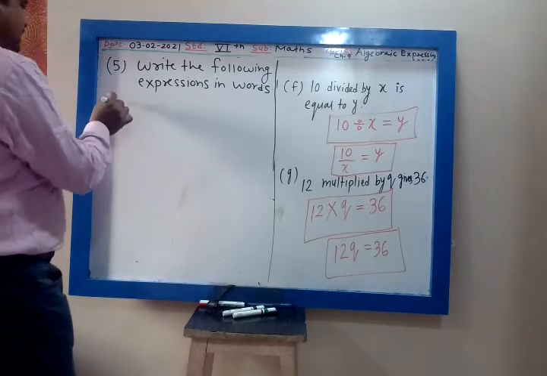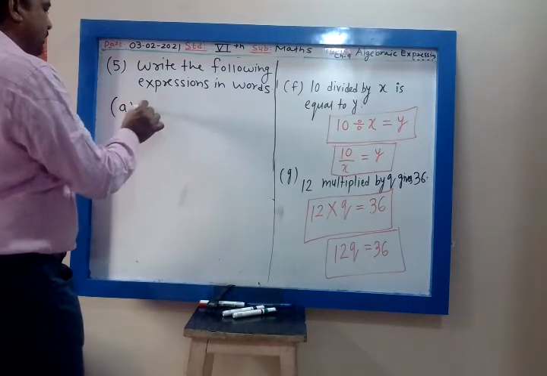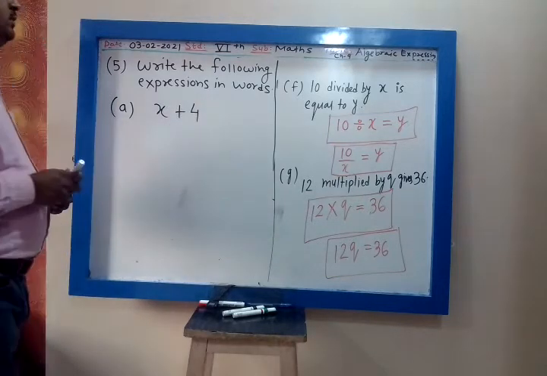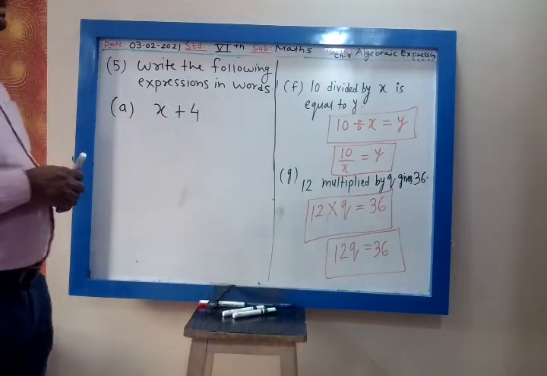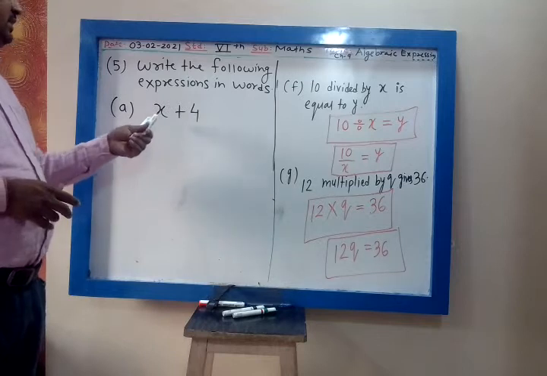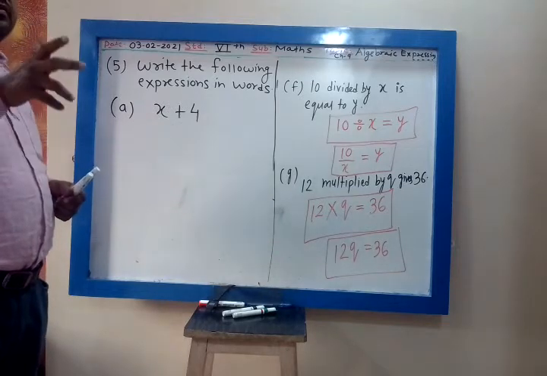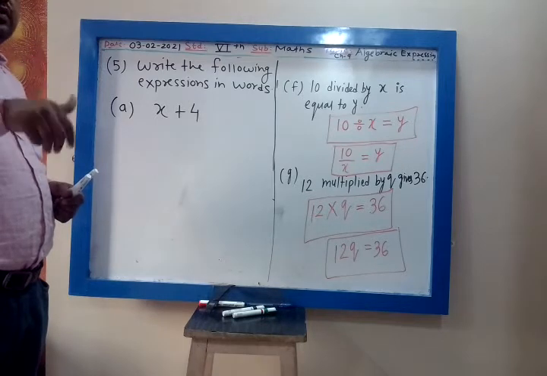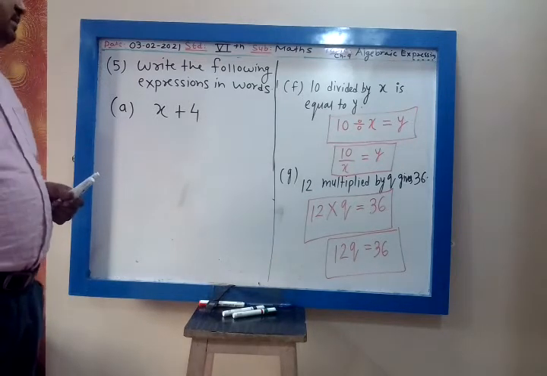First, A, it is x plus 4. This is given in the mathematical form. We have to convert the mathematical form into words or statements.